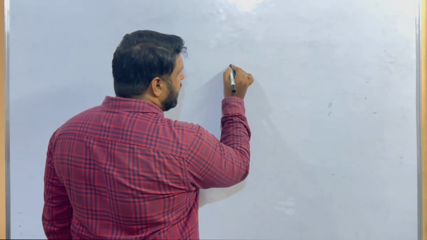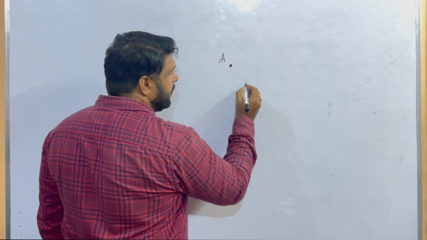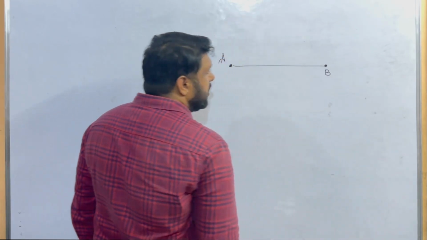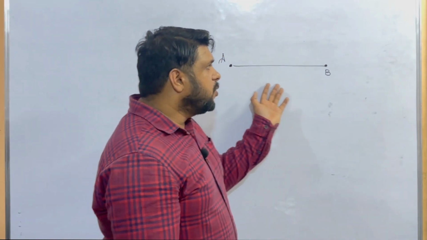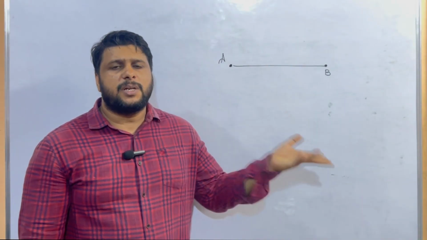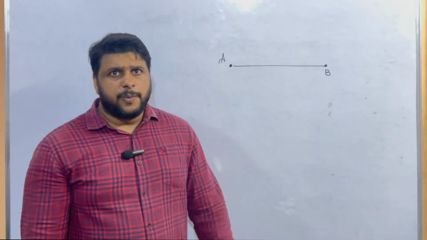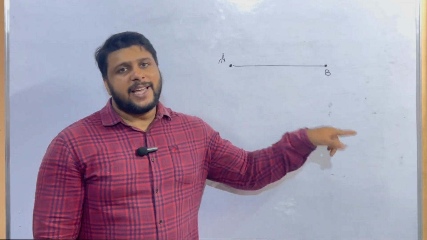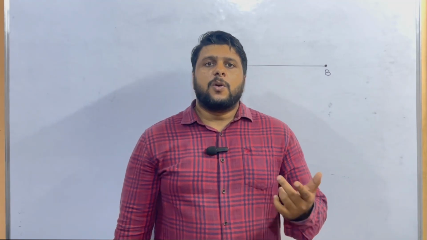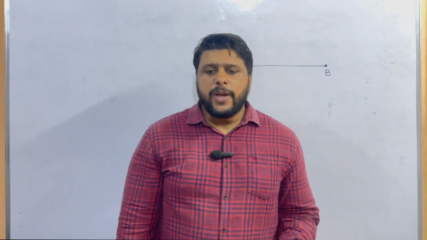Let's say a particle is moving from here to here, A to B. If I ask you to find the distance and the displacement, you can clearly say that distance and displacement are going to be equal in this scenario. But in the exam, you are going to get questions in a different way.